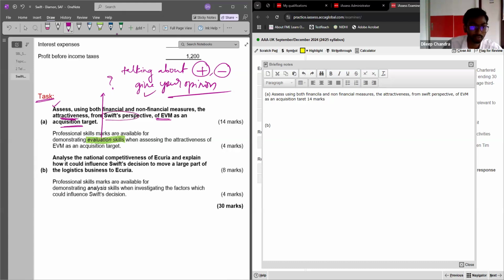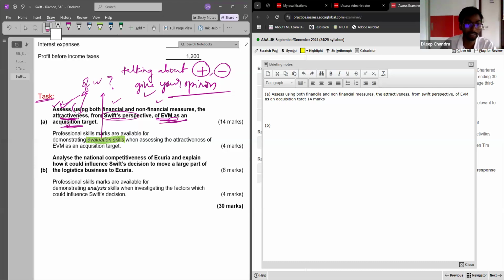And in between there is this word Swift, from Swift's perspective. If it had been given in a single sentence, it would be easy to understand. But first they said assess, then how to assess, using both financial and non-financial measures. Attractiveness of what? Of Swift's perspective? No, no, attractiveness of EVM, from Swift's perspective, not EVM's perspective.